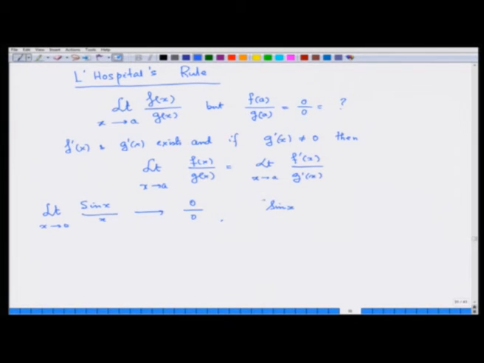Sine of x, if I take the derivative, just for your recalling because you know it in high school, the derivative of f at x also written as f dash x, this was the notation of Newton, while Euler gave the following notation.